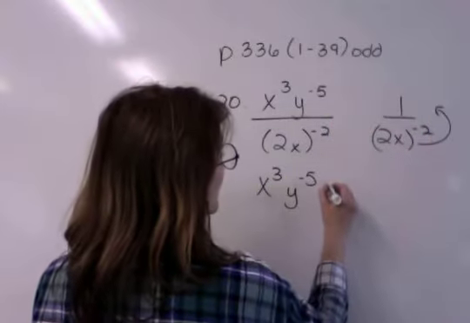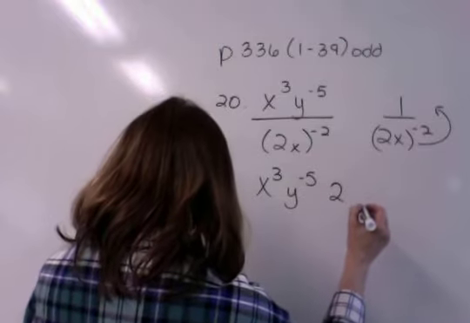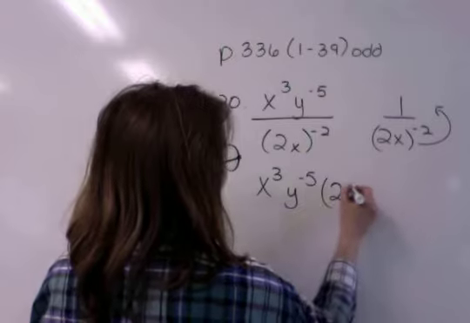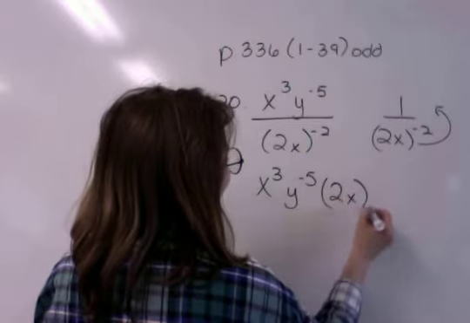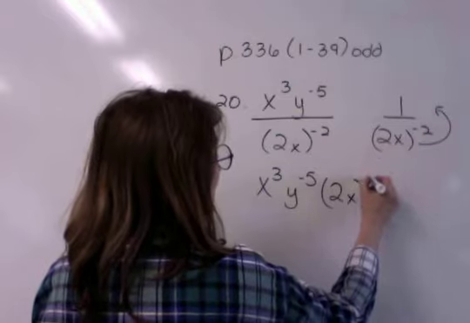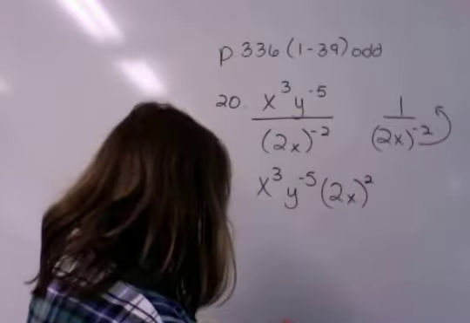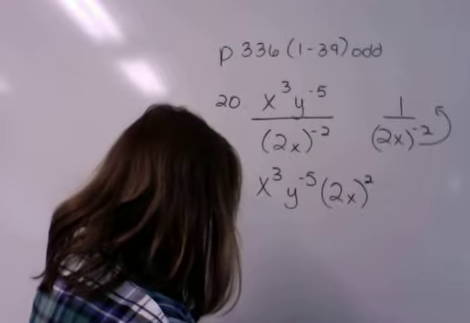And so I'm going to bring up 2x. And now my little negative 2 is going to be a positive squared. So he's positively squared by now.